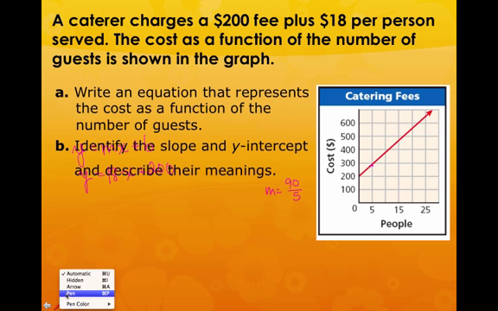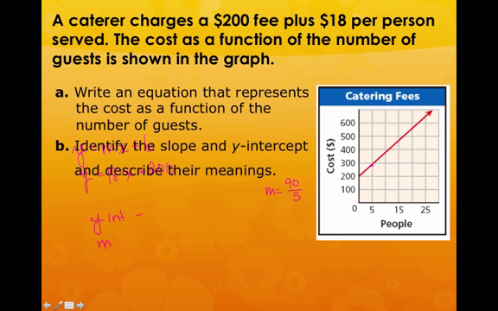Okay, so I've got my y-intercept, and that y-intercept of 200 means that I have that initial cost. I can never spend $0. The least amount I'm going to spend is $200, and it'll go up from there. So my y-intercept represents the money I'm spending just to pay the caterer just to have a party.